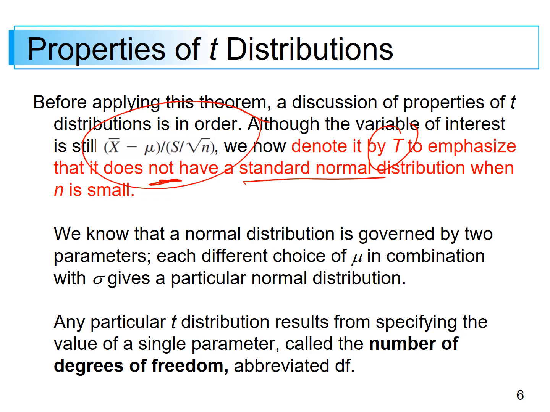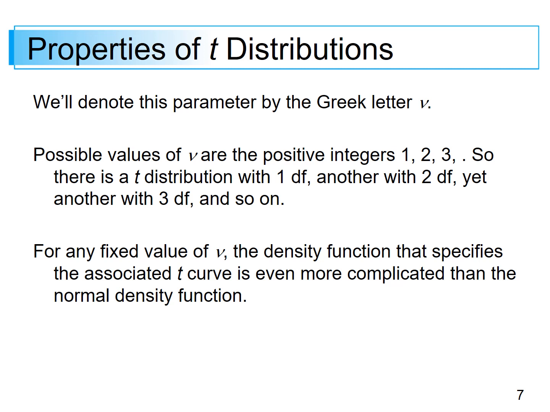With a t-distribution, we have a specific value of a parameter called the number of degrees of freedom. This parameter is denoted by the Greek letter nu. Nu represents the degrees of freedom and is always a positive integer.